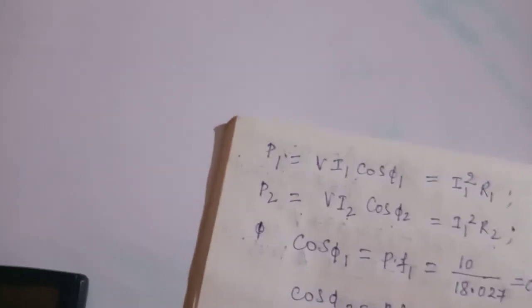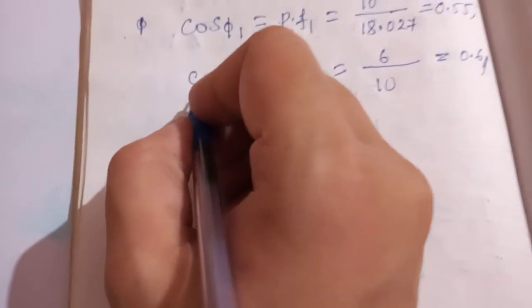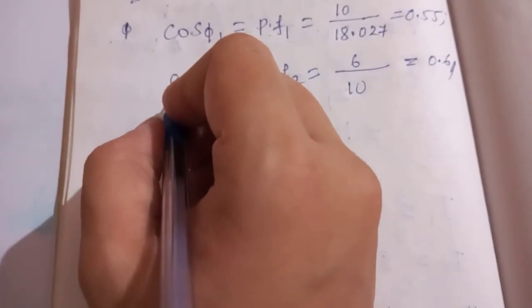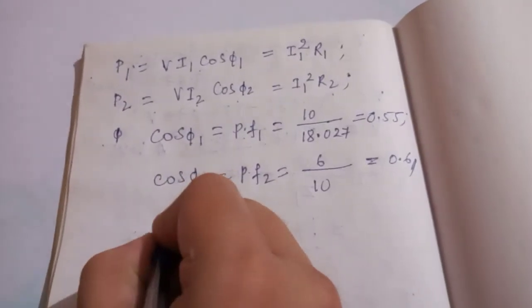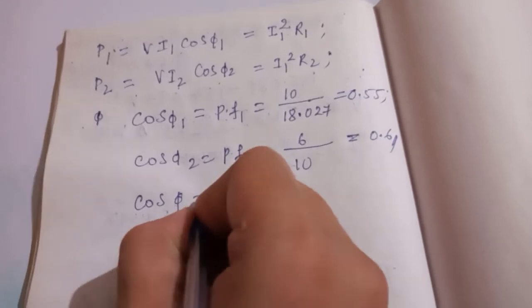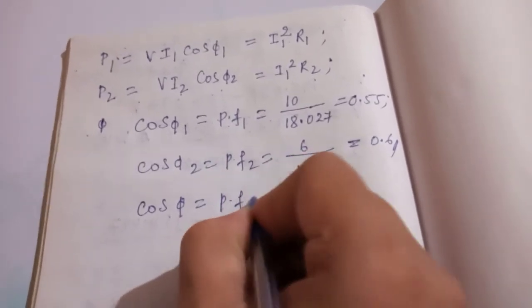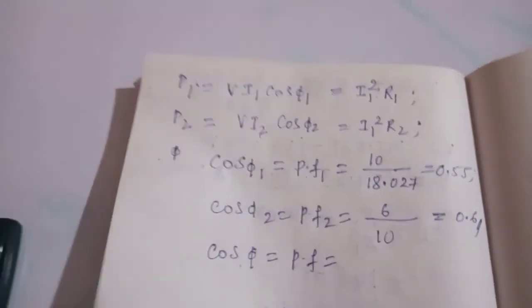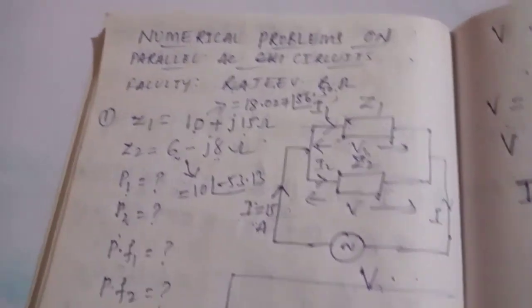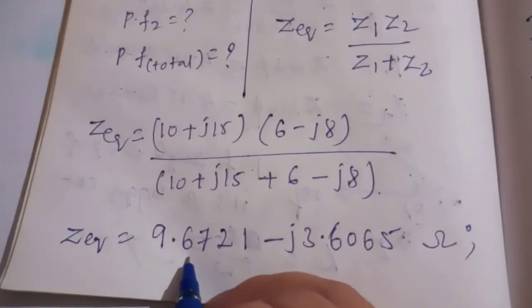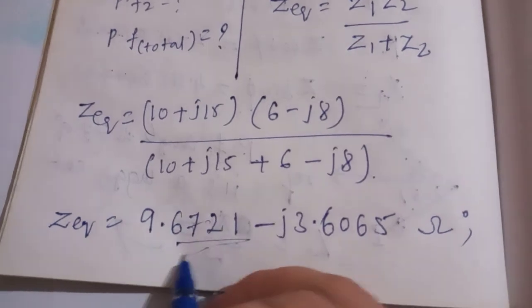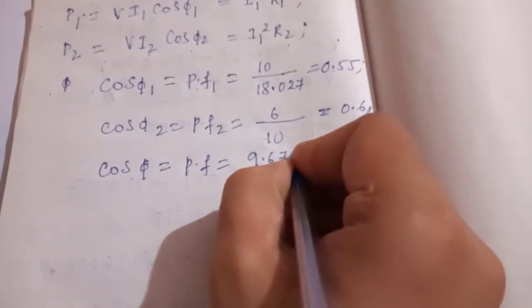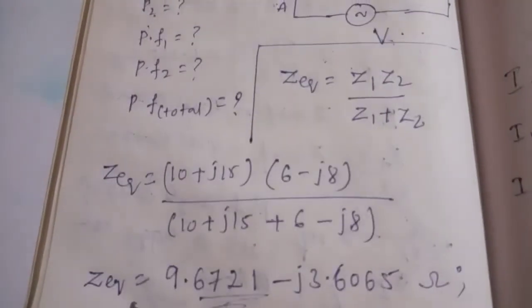Similarly, they have also asked to find the power factor of the individual circuits and the combination. What is the power factor of the whole circuit? Cos phi, PF, is the equivalent resistance, 9.6721, divided by the magnitude of Z equivalent.